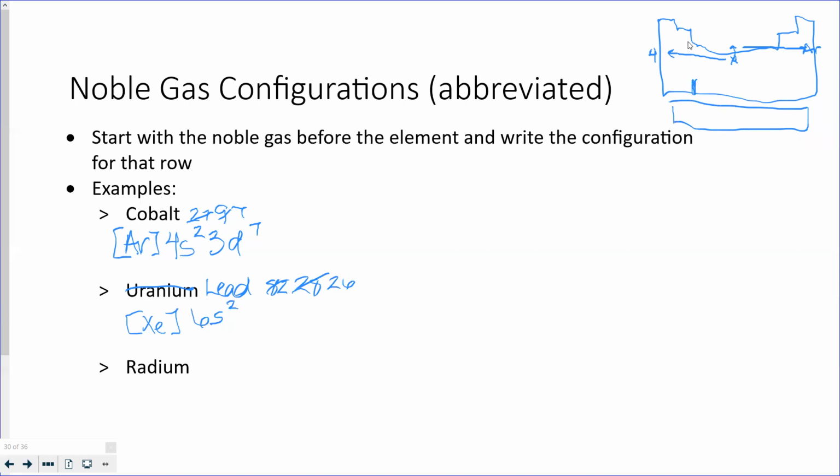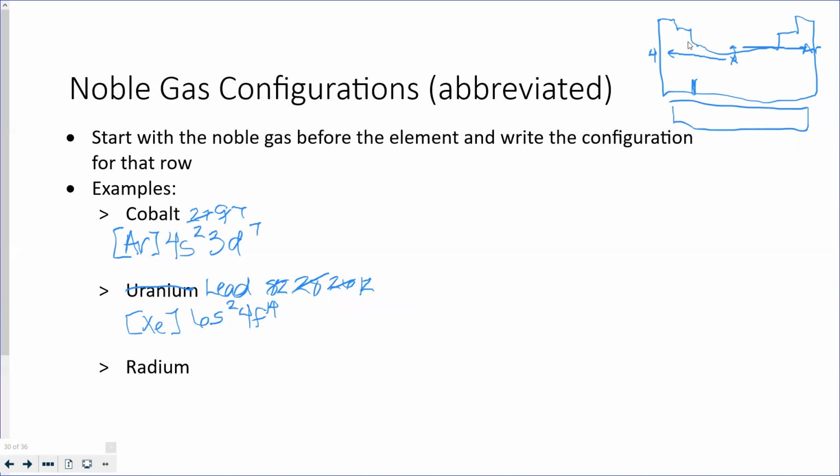So if you're following your diagonal way, it jumps from 6s to 4f. And F, we said, can hold 14 electrons. So then we're going to have 12 left that need a place to go.